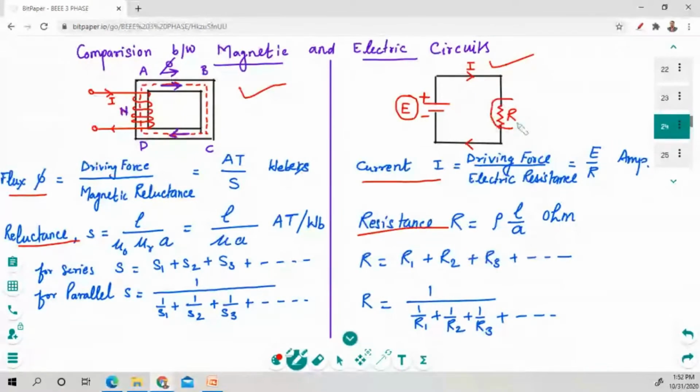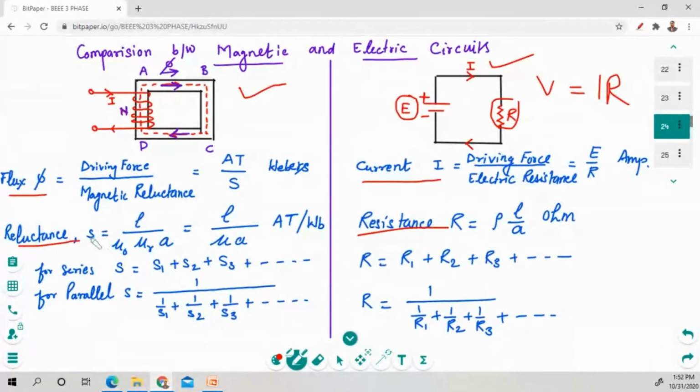So this V is equal to I into R. Okay, V is equal to I into R. So how to find out this resistance? R is equal to V upon I. Okay. So in this magnetic circuit, we can measure this resistance in the form of reluctance.